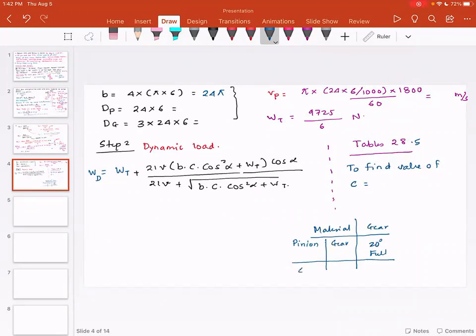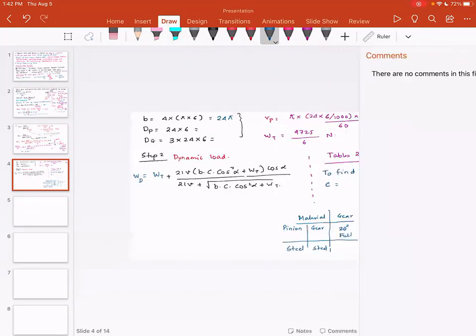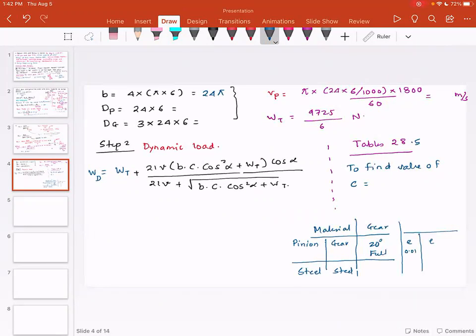So I want you to grab the value steel, steel, full depth, and I want you to look at the value of C for different values of error in action. So E is equal to 0.01, E is equal to 0.02, and so on.